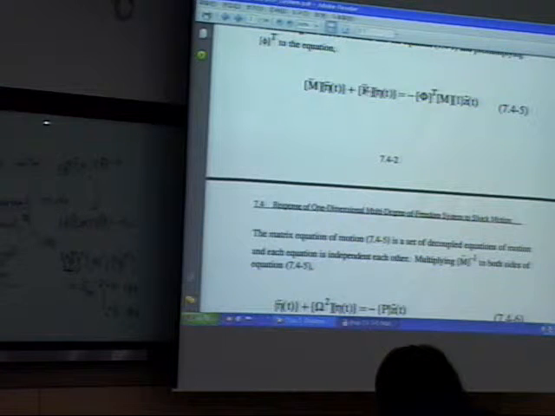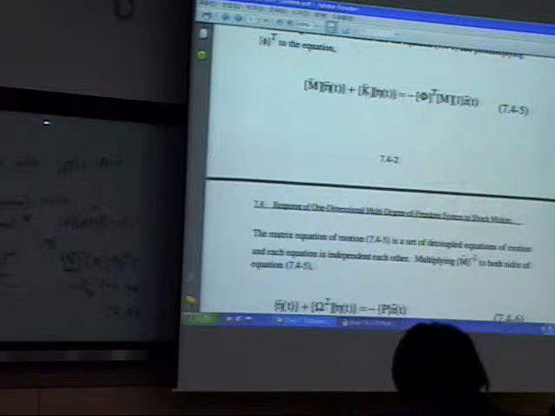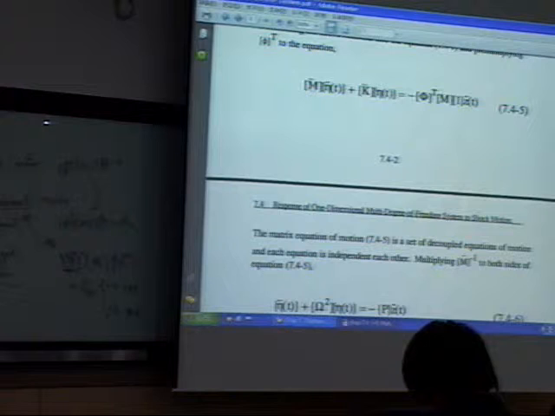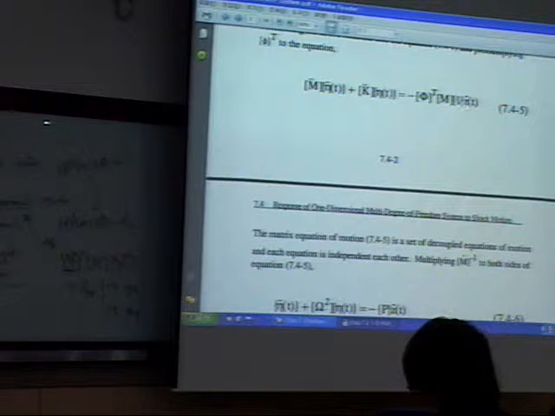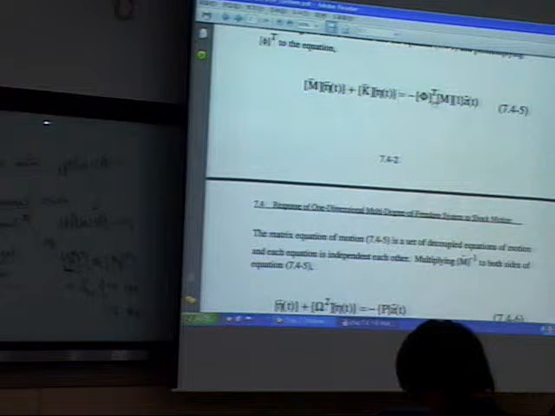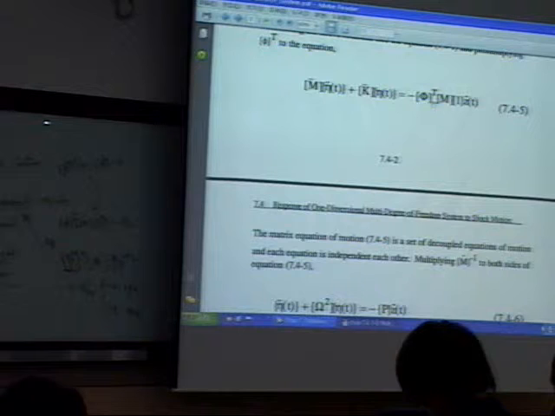And k bar is what? Phi transpose k times phi. Then this is the diagonal matrix, k bar diagonal matrix. Whatever carries over here you can spell out. This is the so-called, as you will see, modal participation factor.